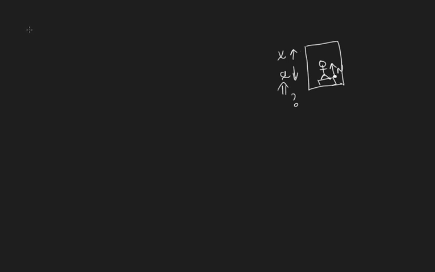So we're told that the lift slows down in 2.0 seconds and that its initial speed was equal to 2.0 meters per second upwards. And we know that it comes to rest, so its final velocity is 0. So we're going to need to use the equation v = v0 + at.